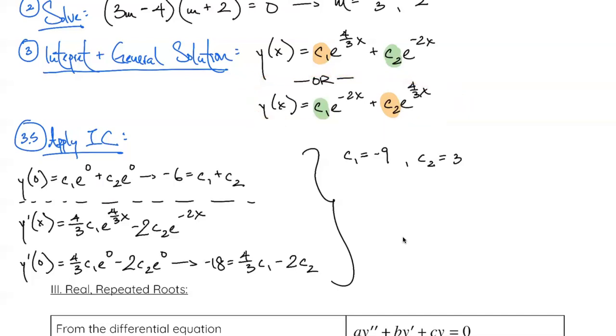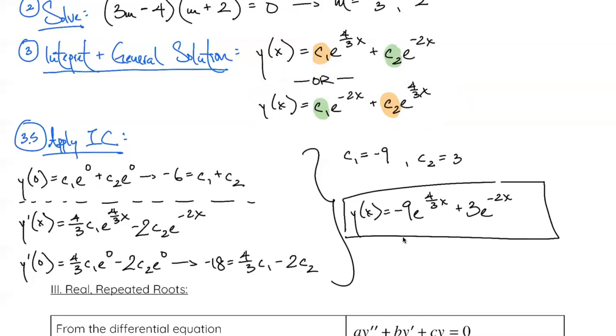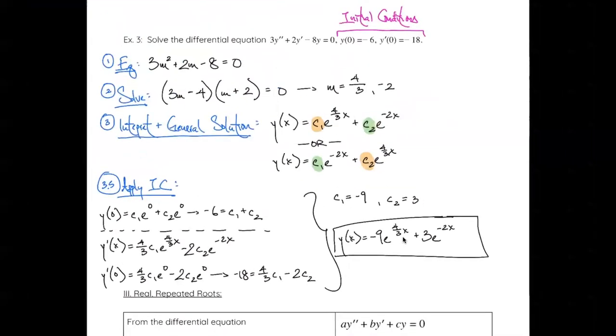But either way, when you plug them back in, because we want to box off a final answer, we would say y of x equals negative 9 e to the 4/3 x plus 3 e to the negative 2x. And this, my friends, would be our final answer. Okay, so let me get that on one page for you.